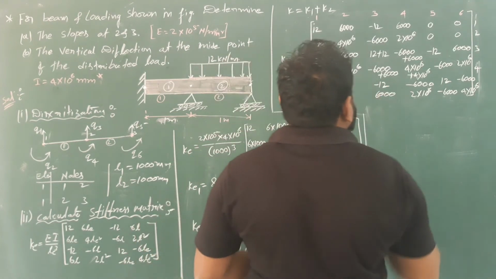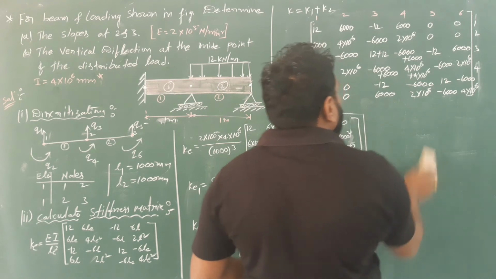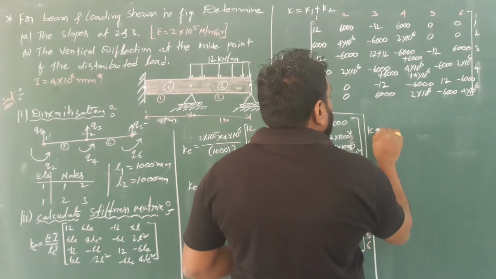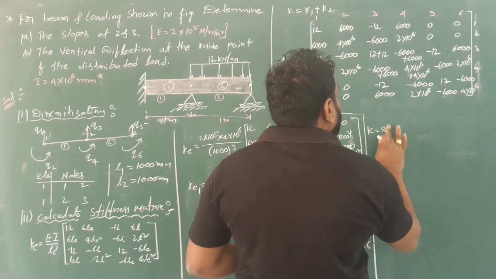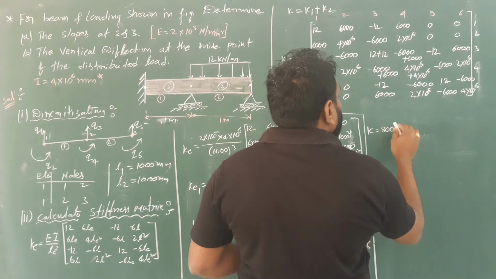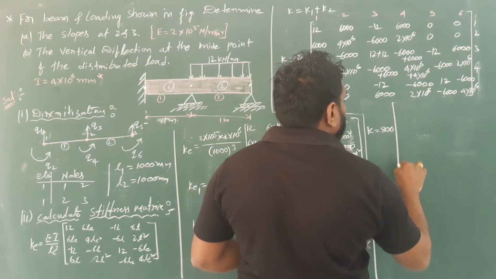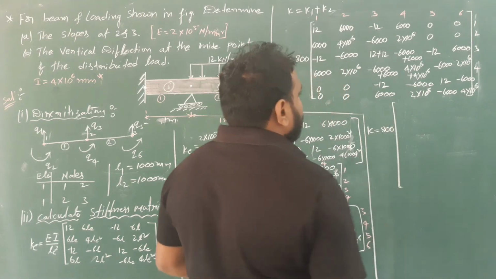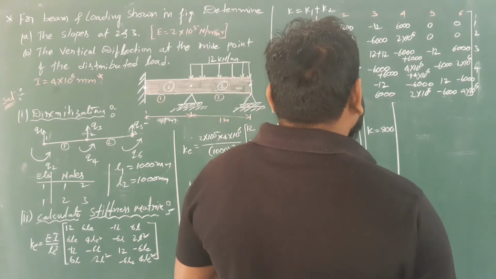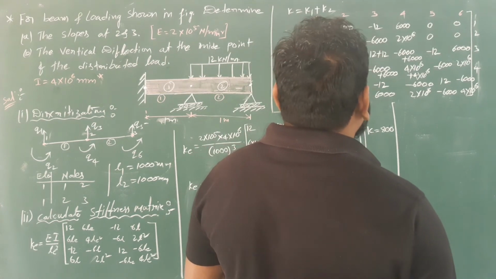Now simplify the above global stiffness matrix. That is K equal to 800 into 800 into. Now simplify this equation.